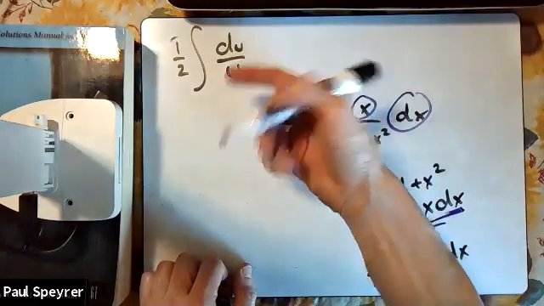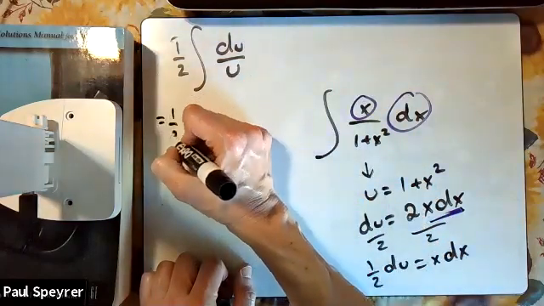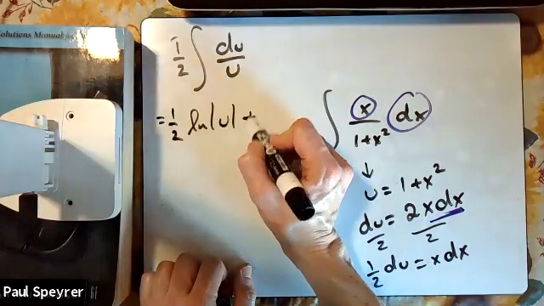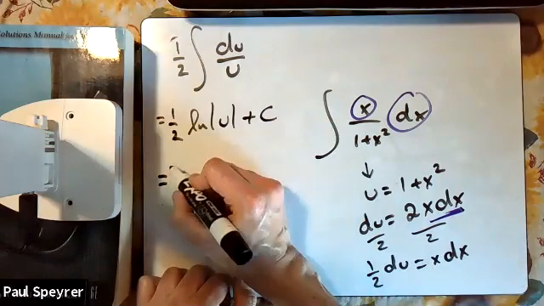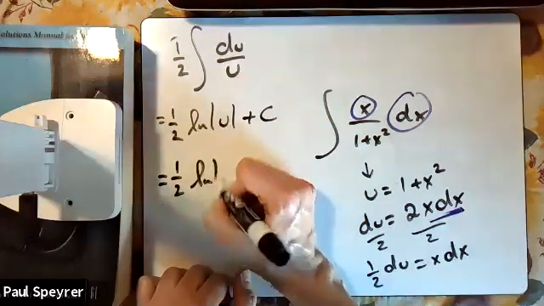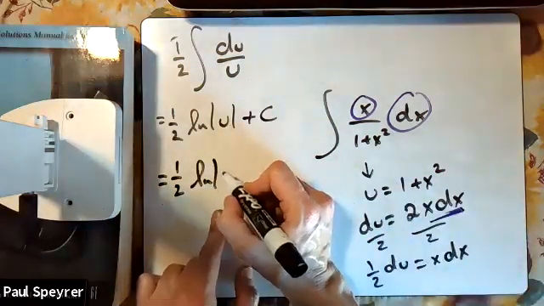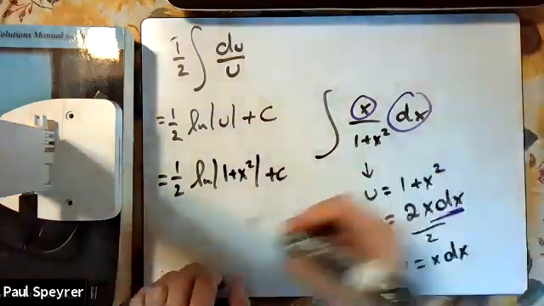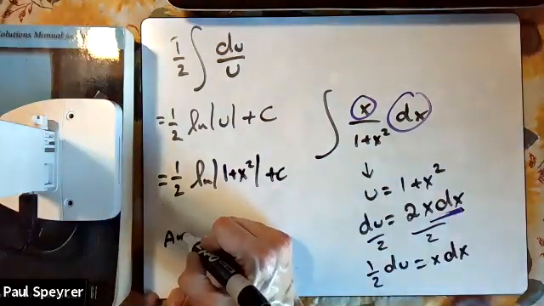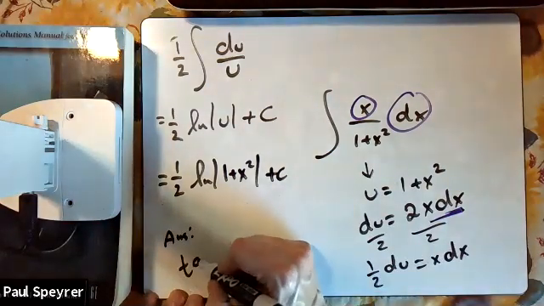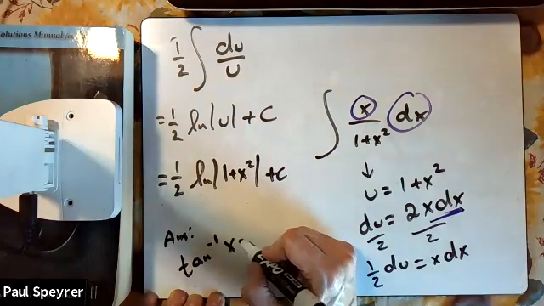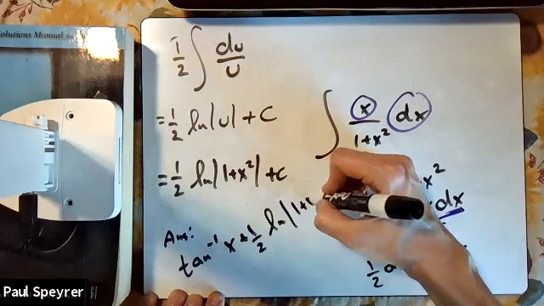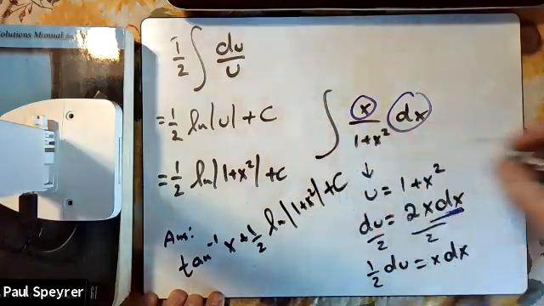Remember, that is ln of the absolute value of u. So you have 1/2 ln of the absolute value of u plus c. But then if we rewrite it back in terms of x, we have ln absolute value of 1 plus x squared plus c. But our final answer has that arctangent as well, right? So we had arctangent of x plus 1/2 ln of 1 plus x squared plus c.